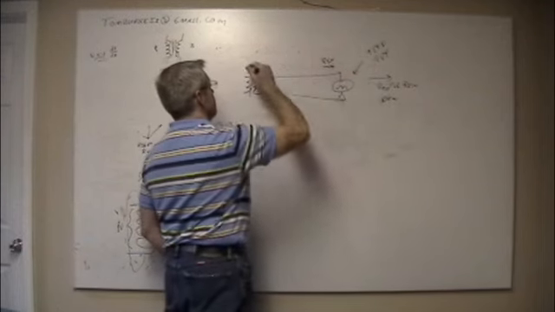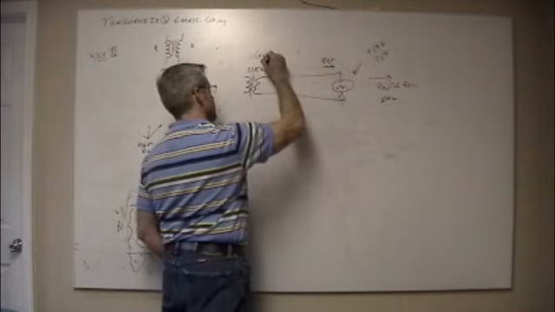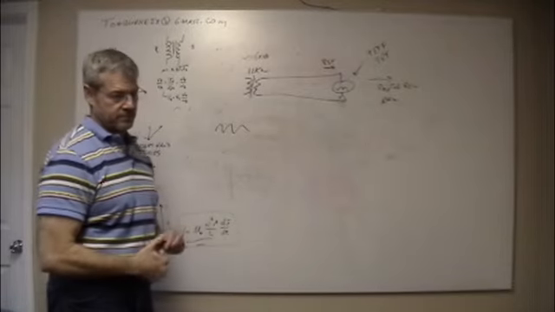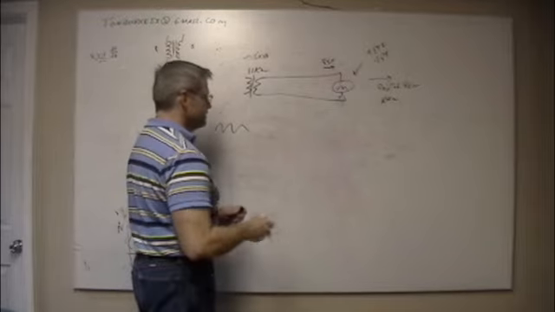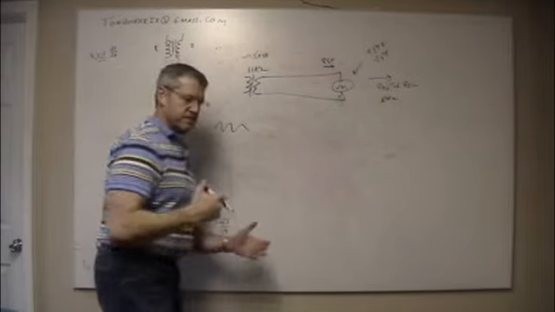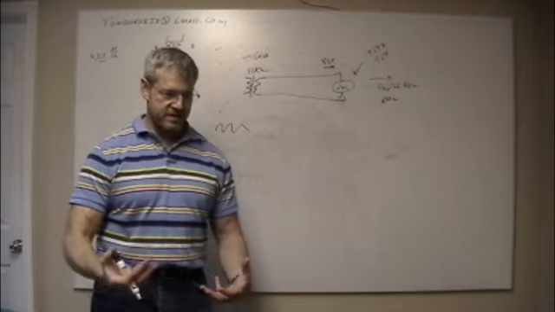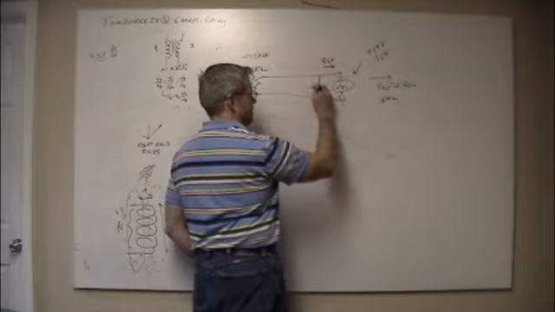So 11 divided by 0.7 is closer to about 15 kVA. So now what I can do is sit down and do the math of L and C. Now I can put a capacitor back here.